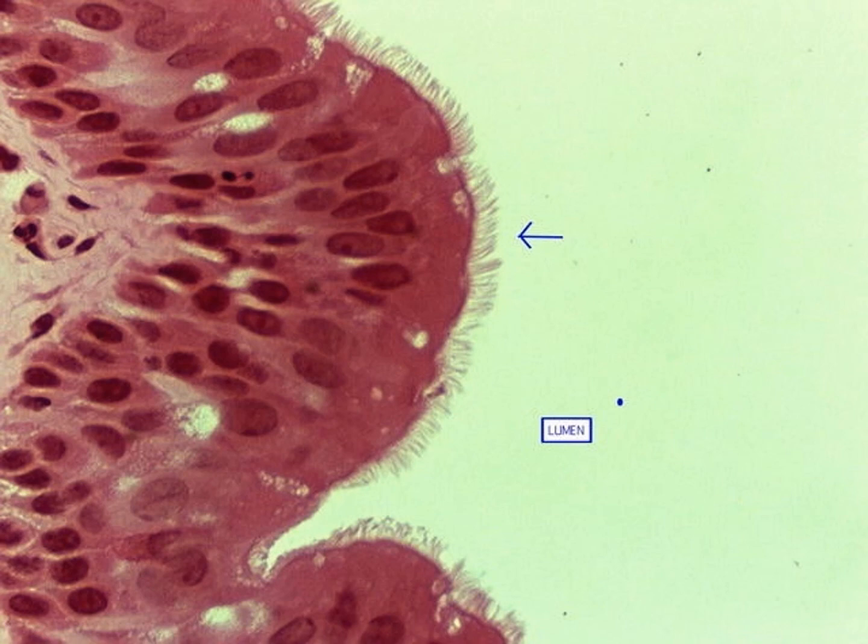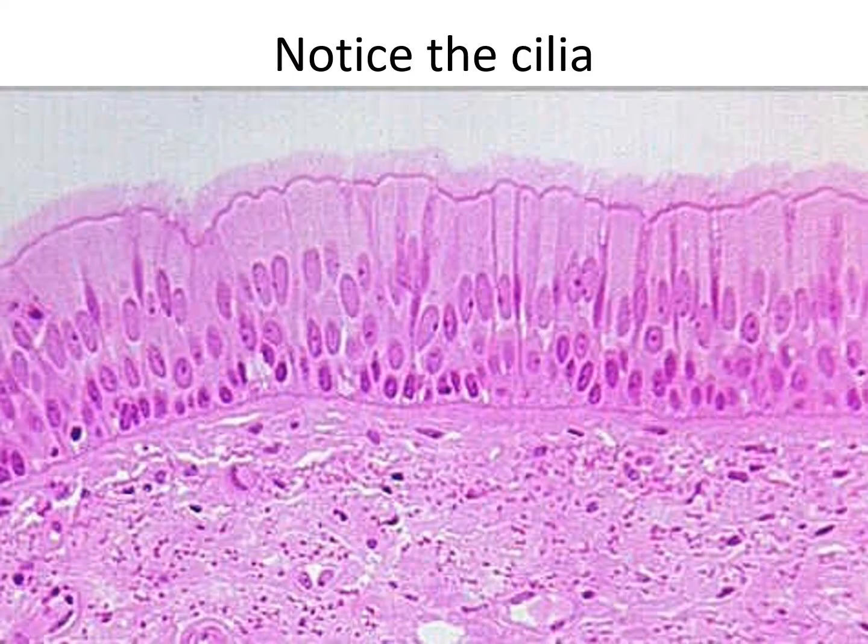Okay, just another view of pseudostratified. In this picture, where is your apical surface? And your basement membrane? Over here on the left. This picture says, notice the cilia. Where is the cilia? It's this stuff. It looks like shag carpet or fuzz on top of those cells. What is the purpose of the cilia?